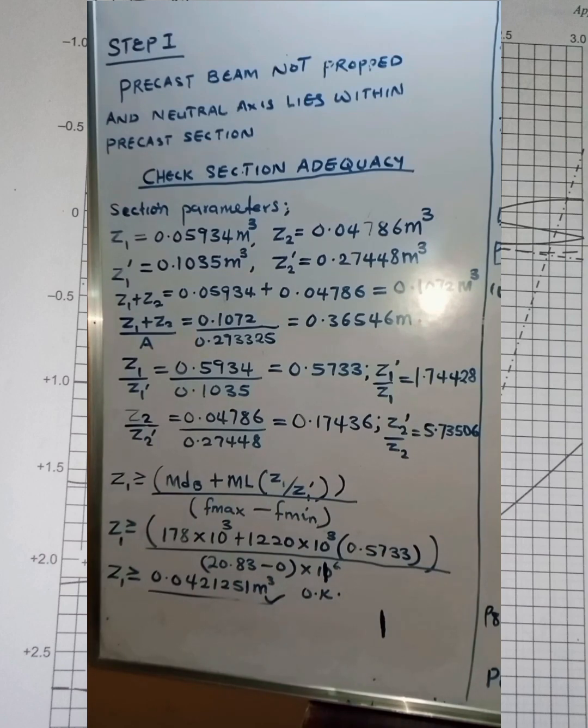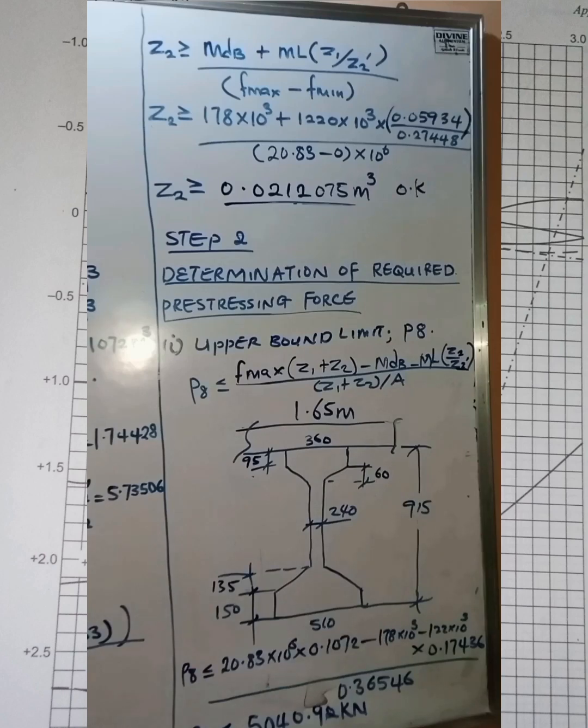All right, now we're going to check for Z2. You discover that our MdB remains 178 and our live load ML remains 1,220. So substituting the values, we are going to have our sectional modulus with respect to fiber 2 to be greater than 0.0212075 cubic meters.